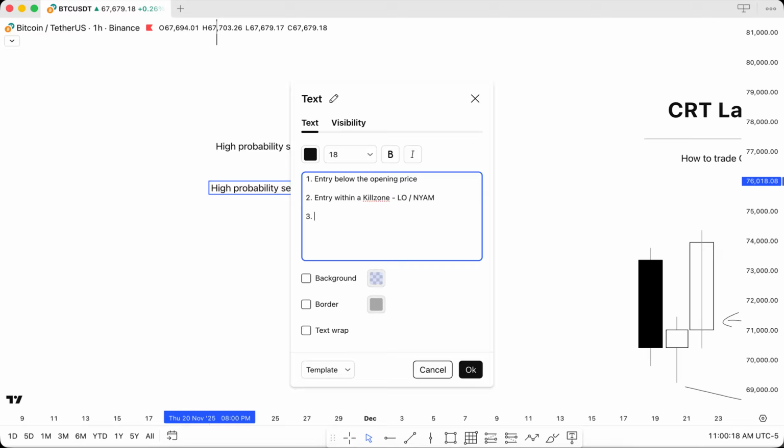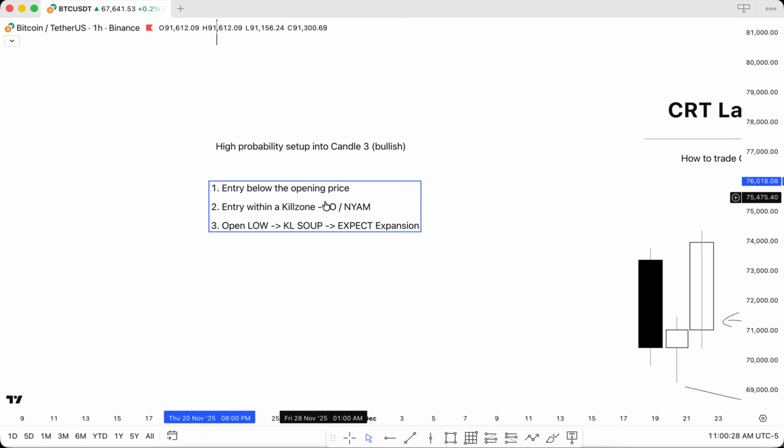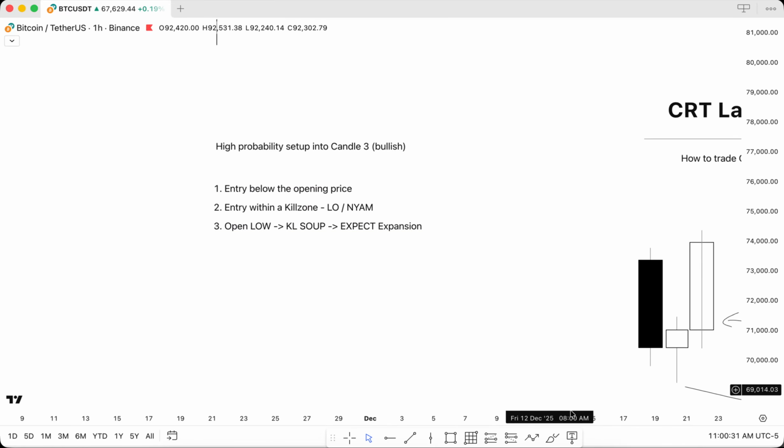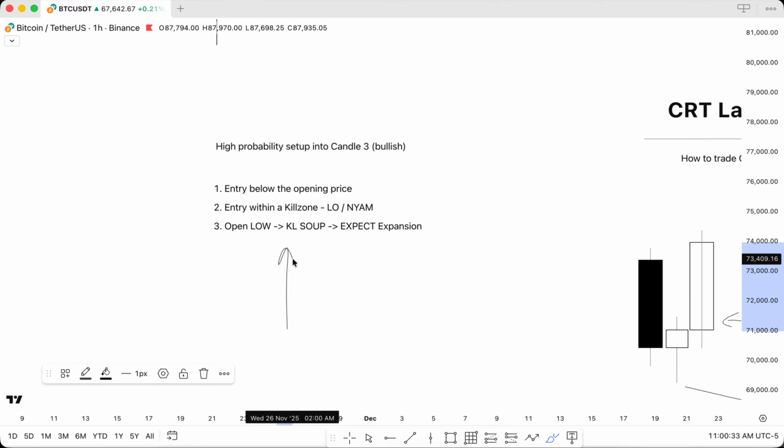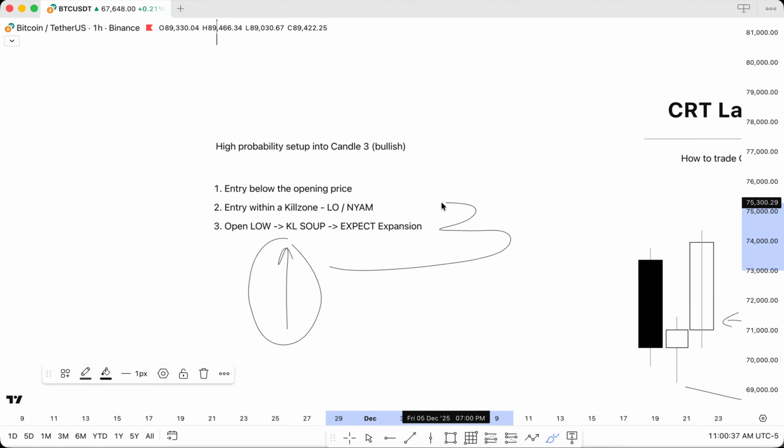You have to look for the daily candle to be open low, a key level soup, to expect expansion. This is your high probability setup to get expansion. And if your order flow is correct and everything here is in line, you get your expansion and you get a good entry.